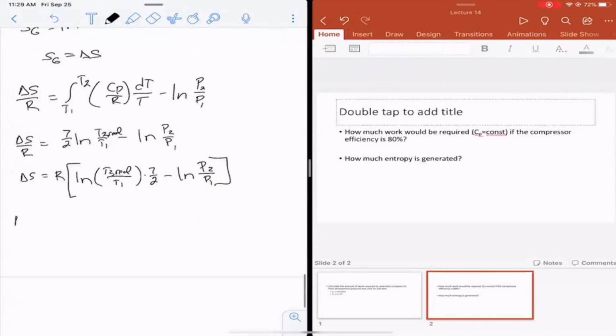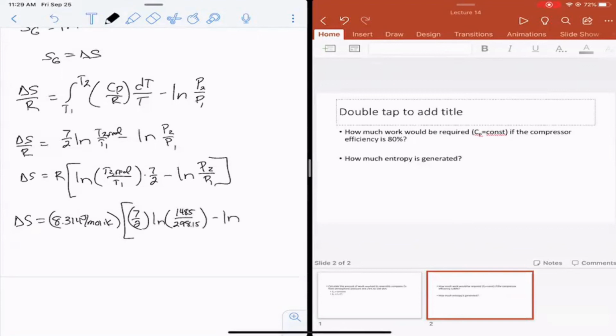So then delta S equals 8.314 joules per mole Kelvin times 7/2 times the natural log of 1485 Kelvin over 298.15 Kelvin minus the natural log of 150 atmosphere over 1 atmosphere.